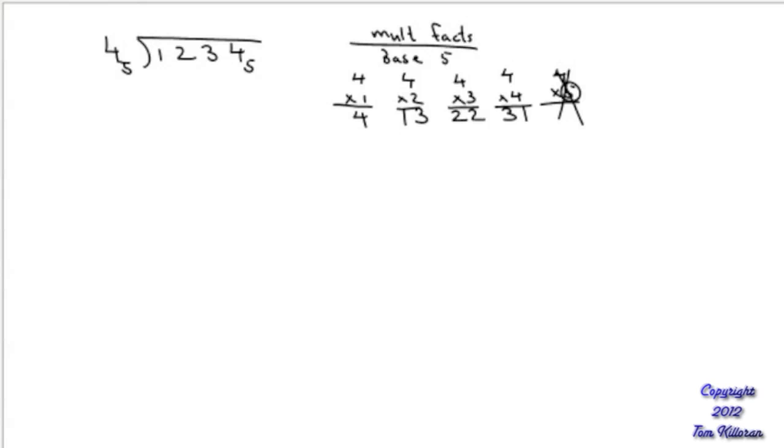Okay, so when I say 4 goes into 1, 2, which one of these am I going to use? The 1, because 1 times 4 is 4. 2 times 4 is 1, 3, which is too big. So I'm going to use the 1, put a 1 up here, put the 4 down here, and now I have a danger. You subtract them. And you get?